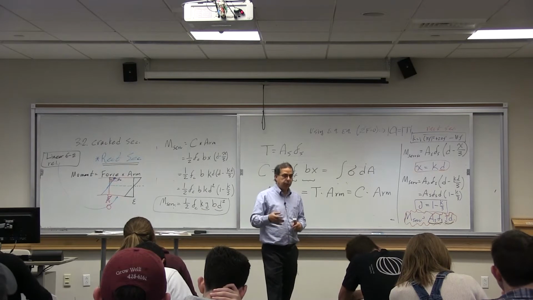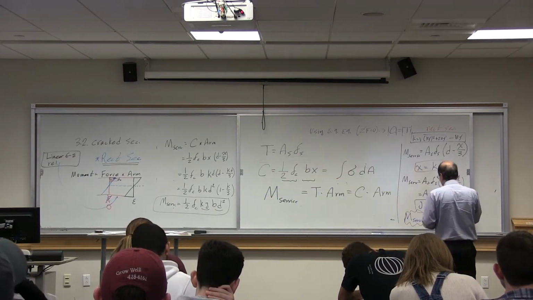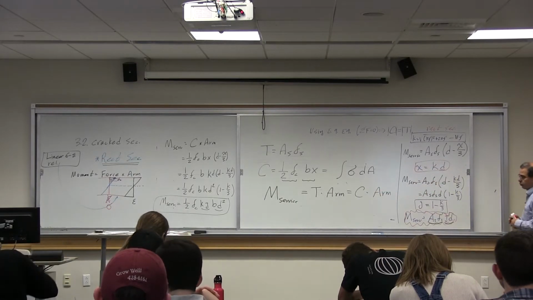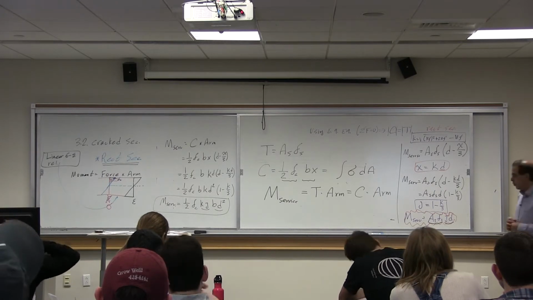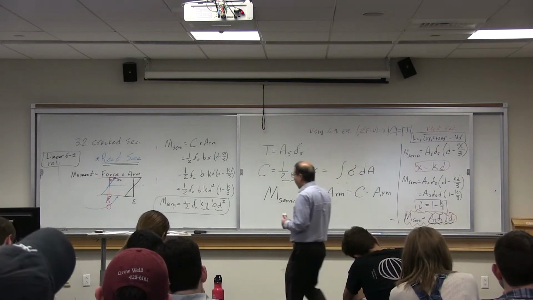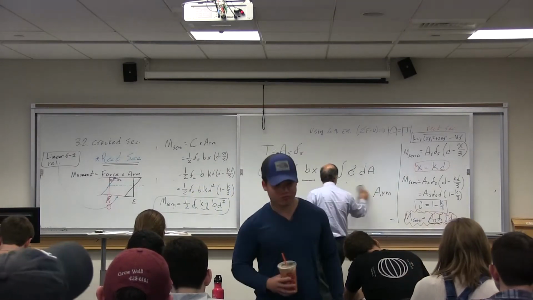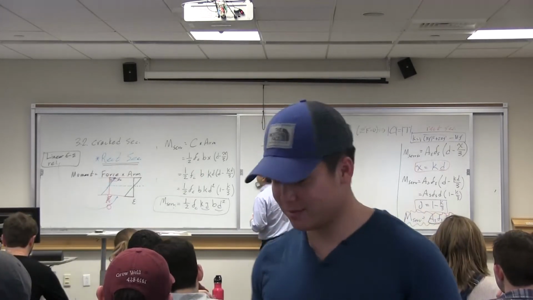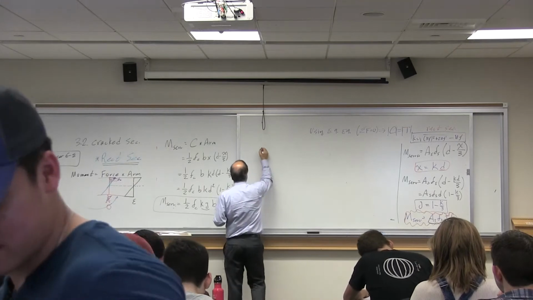What is the maximum moment I can apply? You use this and you use that. Based on either one, you find the corresponding maximum moment. So let's look at one example now. Let's look at the same section that we had.